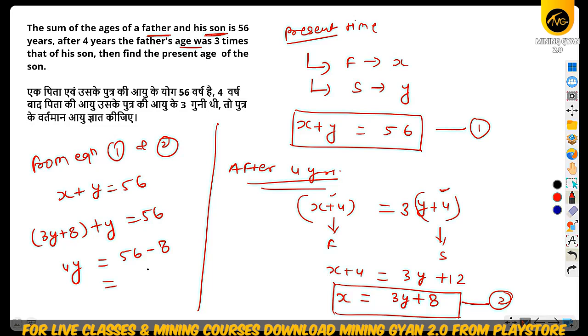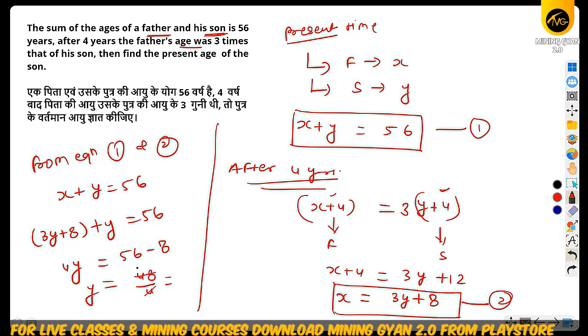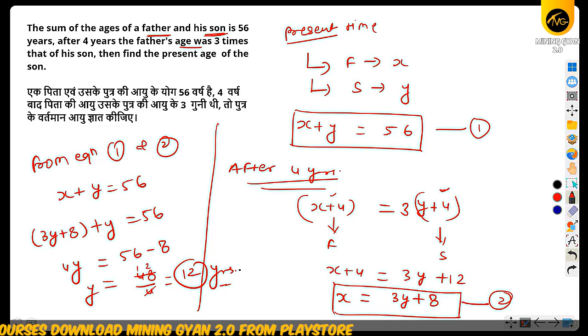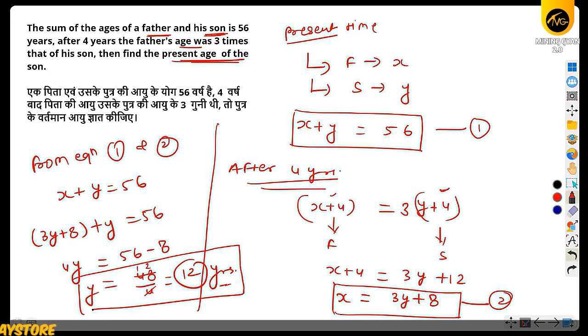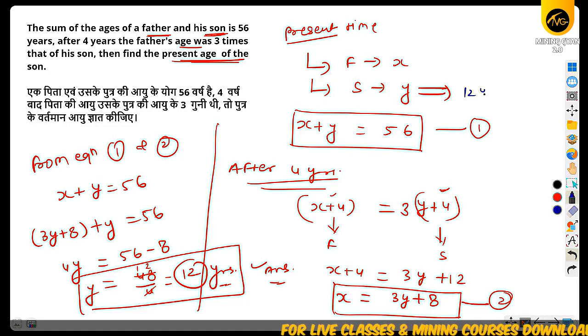Now 4Y is equal to 48 and Y is equal to 48 divided by 4, which is 12 years. Now what is the question? Basically the question is find the present age of son. So Y is the present age of son and this is the answer. So you can say that the present age of son is 12 years.